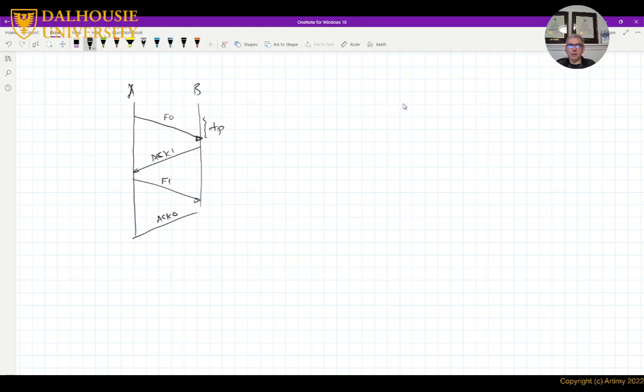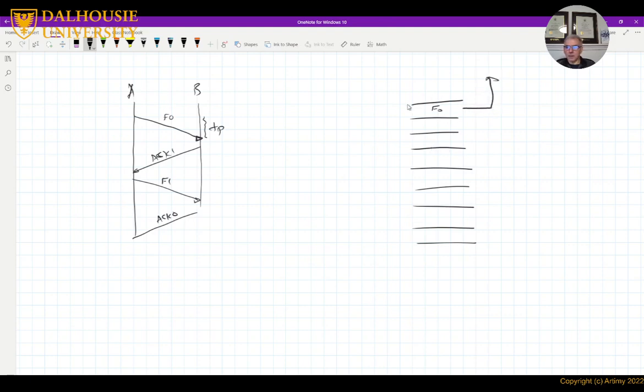When B receives a frame, where does it go? It goes into memory. So imagine we have a memory at B, and the memory has slots for frames. Frame 0 is received, so it's put on a specific slot, and once it's received correctly, it's sent to the upper layers.